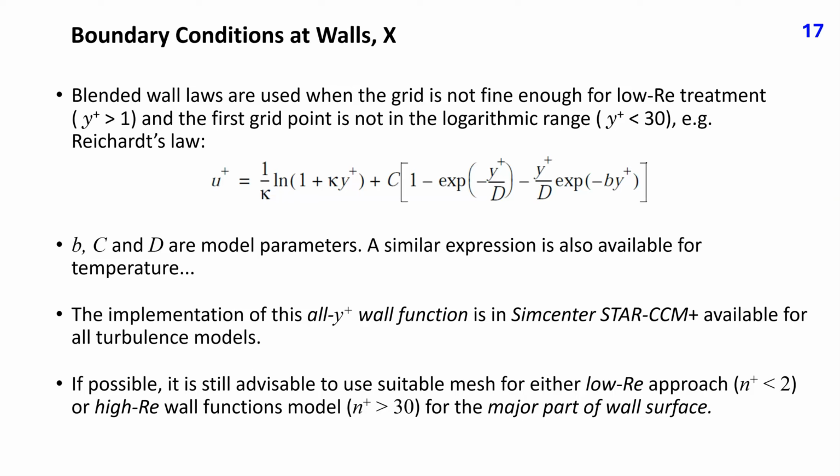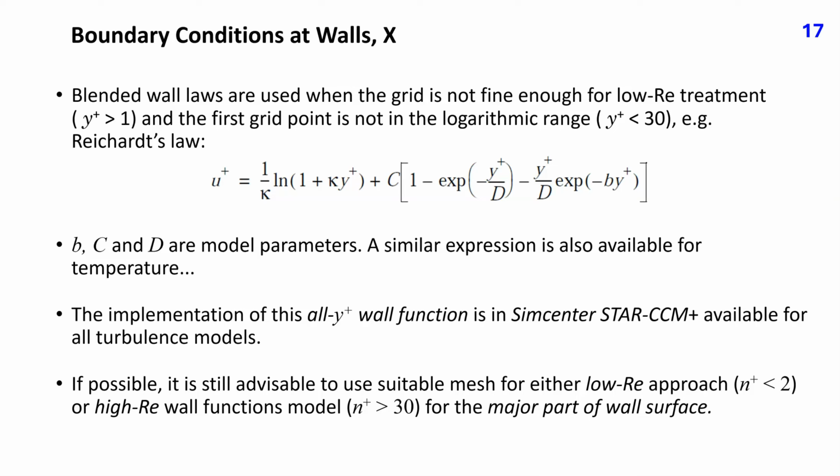Blended wall laws are used when the grid is not fine enough for low-Reynolds treatment, that is, when y+ is greater than 1, but the first grid point is not in the logarithmic range, that is, y+ is less than 30. One example is Reichardt's law given by this expression. Here, B, C, and D are model parameters. A similar expression is also available for temperature.